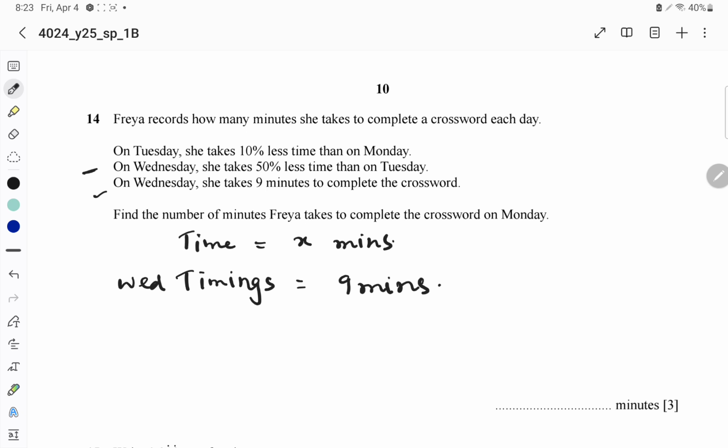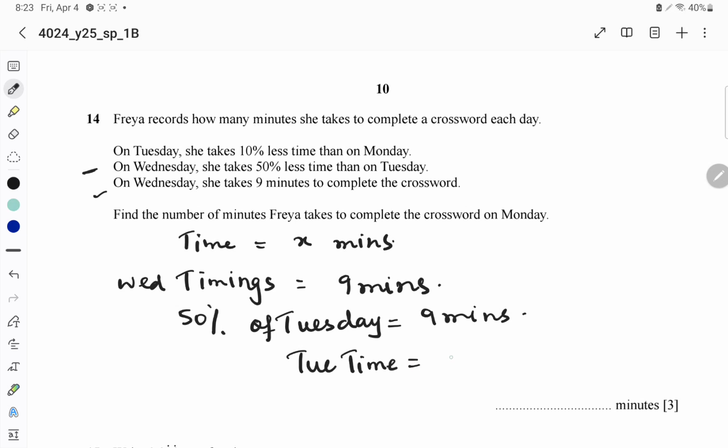Now come to this one. On Wednesday she takes 50% less than on Tuesday. So 50% is the remaining 50%. So 50% of Tuesday is also 9 minutes, because this is the time for Wednesday. So Tuesday timing will be 50 over 100 times Tuesday equals 9 minutes.